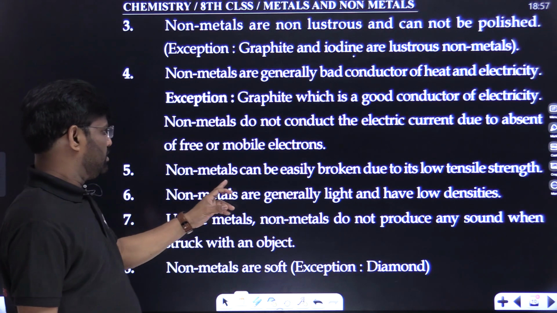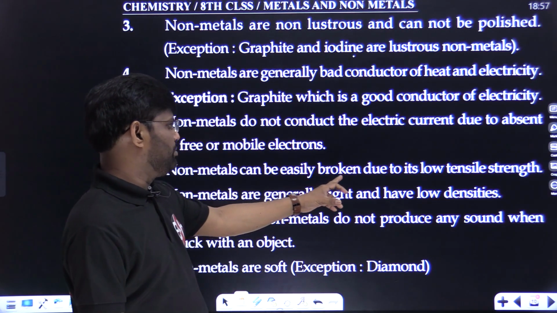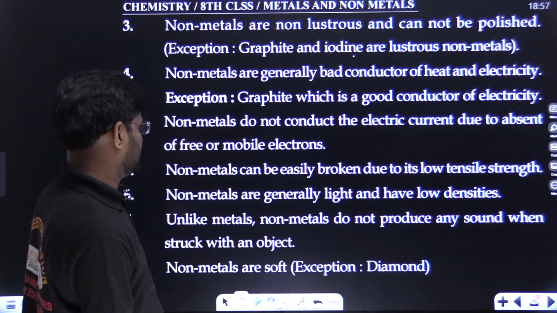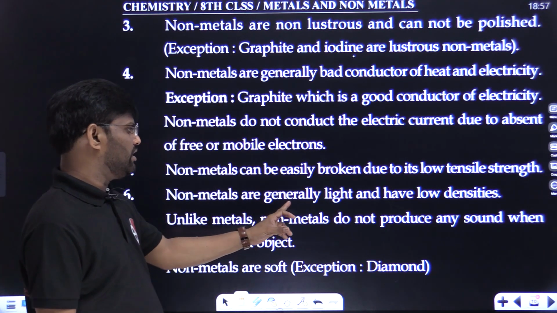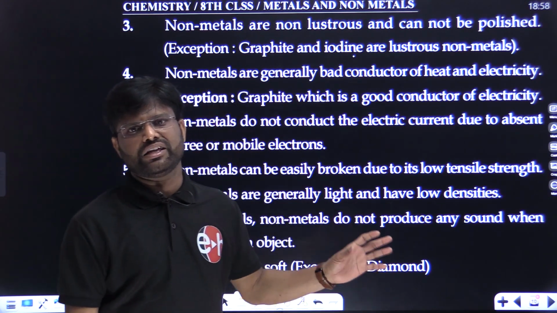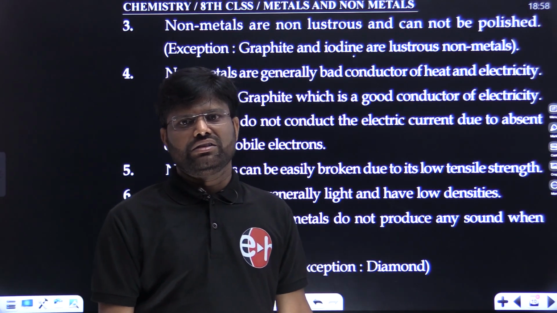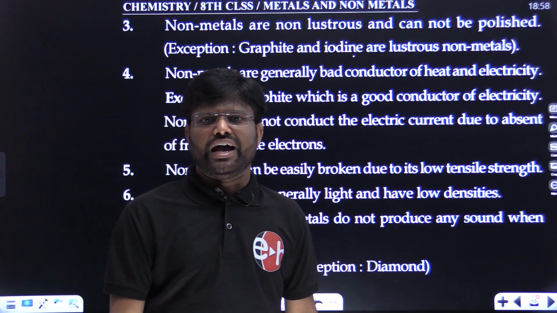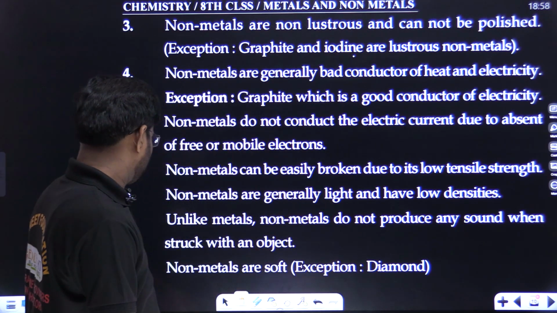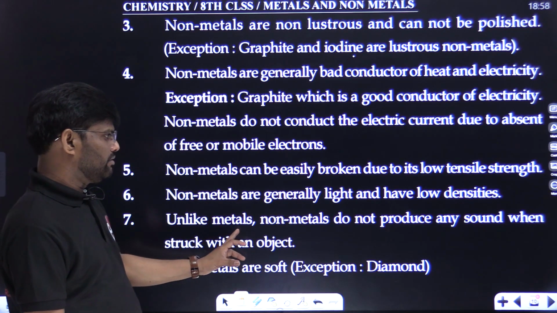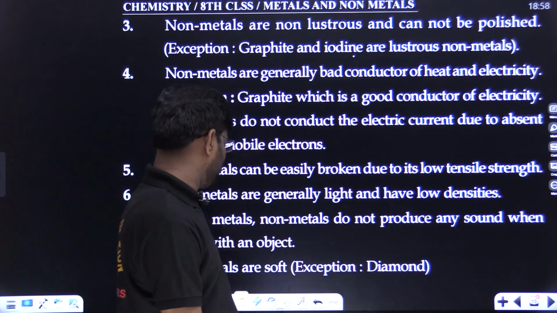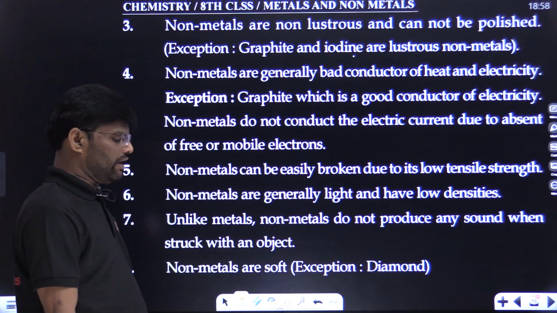Next, non-metals can be easily broken due to their low tensile strength. Next, sixth point: non-metals are generally light and have low density, because these are soft. They are light in weight and low density. Next, unlike metals, non-metals don't produce any sound when struck with an object.